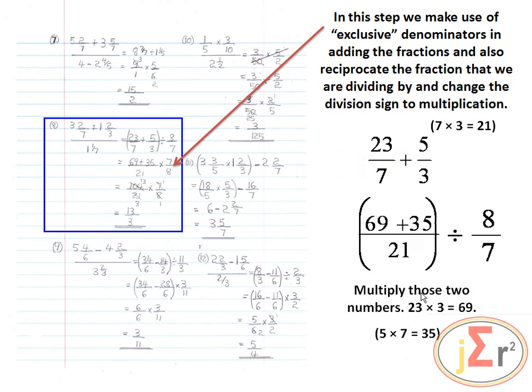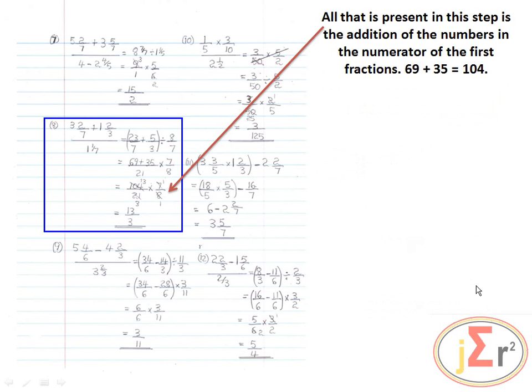And then we will do the reciprocal of the fraction right there. And what do we know? That we have to add these. So 69 plus 35 is 104. So 104 over 21 multiplied by 7 over 8.